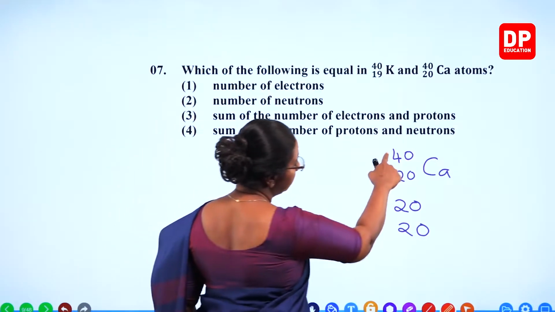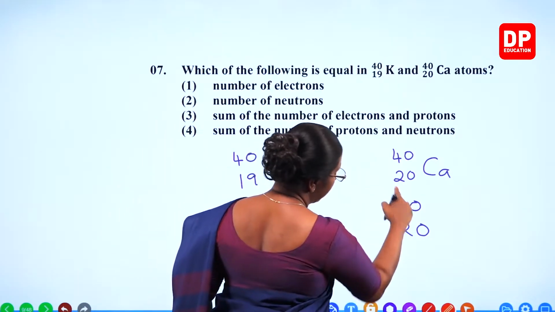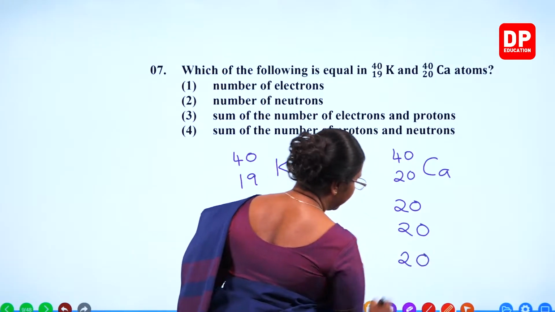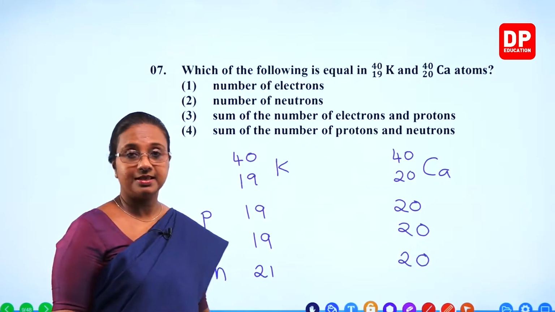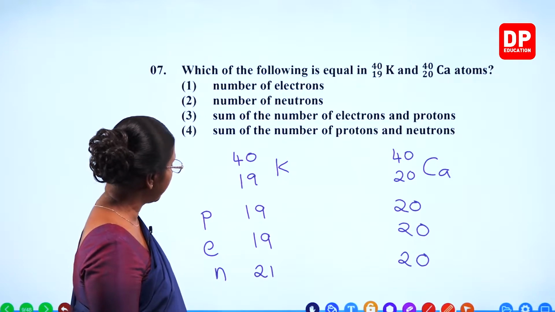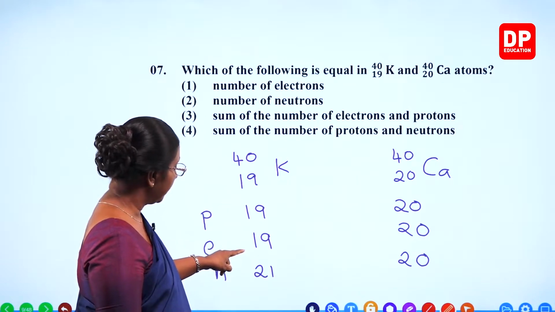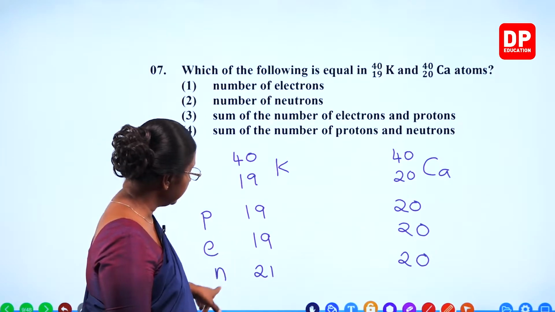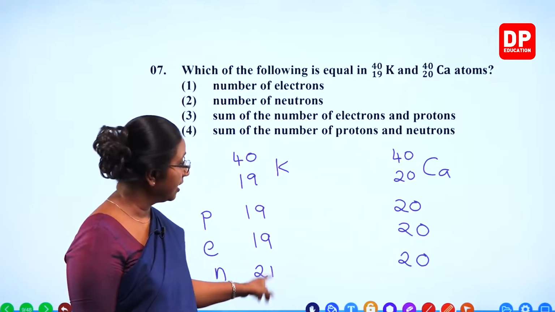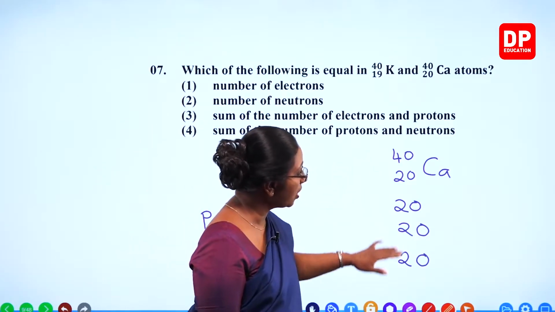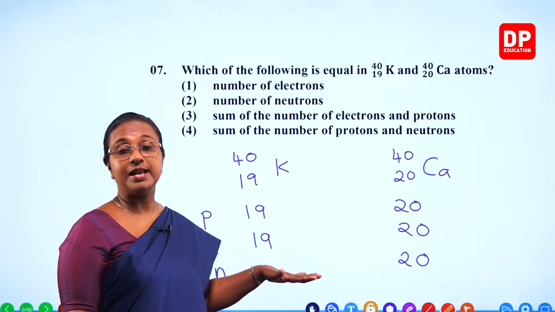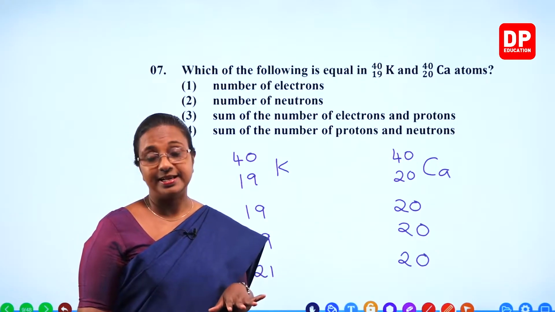The same way, 40 minus 20, there are 20 neutrons in calcium. So, in potassium, protons and electrons are equal to 19, neutrons 21. Whereas in calcium, all three particles are in equal number, they are equal to 20.